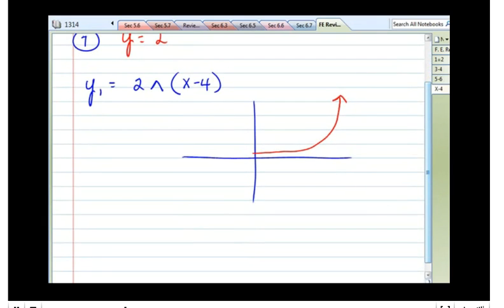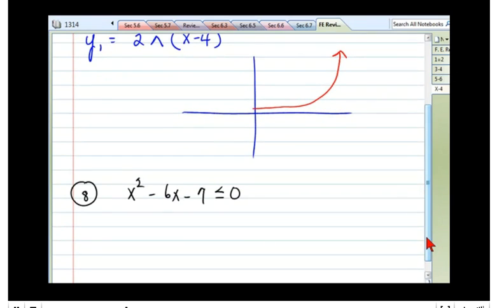Okay, let's do 8. Is 8 solving the inequality? Okay, so we have x squared minus 6x minus 7 less than or equal to 0. Again, you want to put that in your grapher. Not that the graph is part of the answer, but to help you show that.